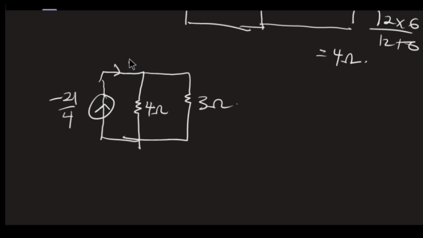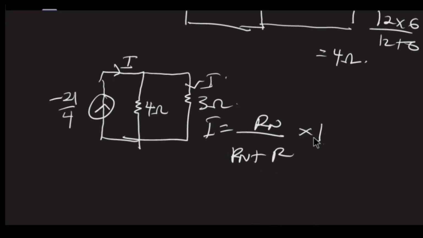So this is I. You are going to use the current division rule to find the current through the 3 ohm. And you know that the current through the 3 ohm is simply going to be equal to the 4 ohm, that is our RN, over RN plus our R times the total IN.